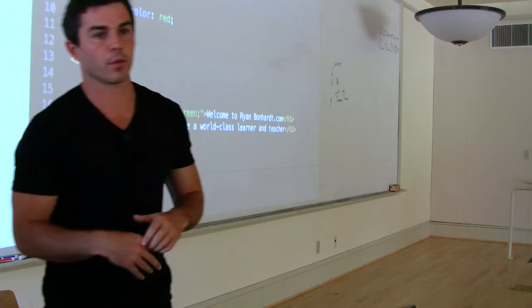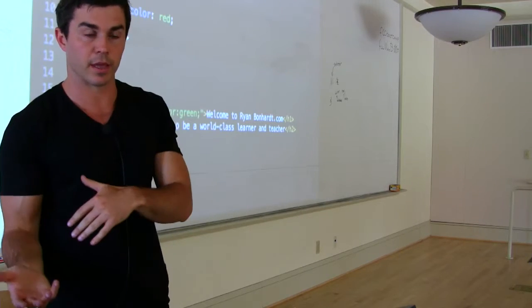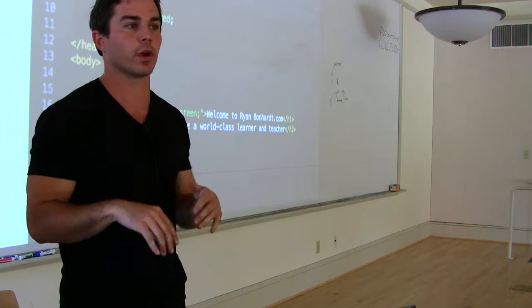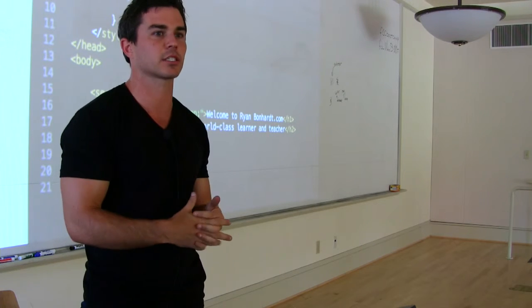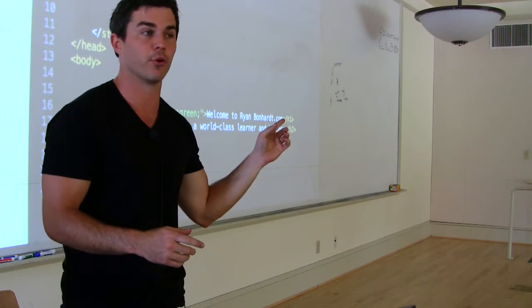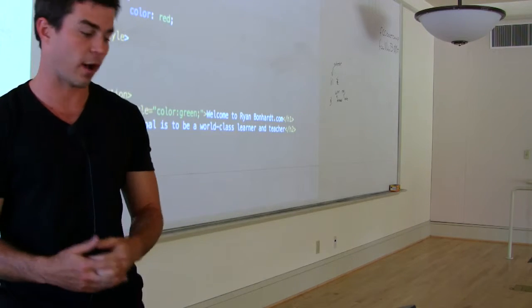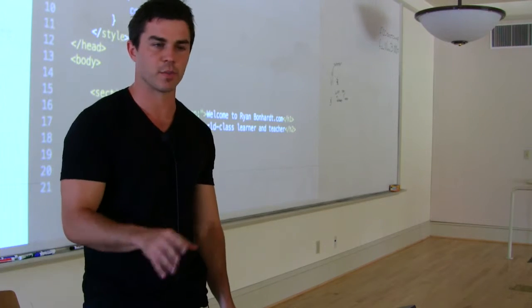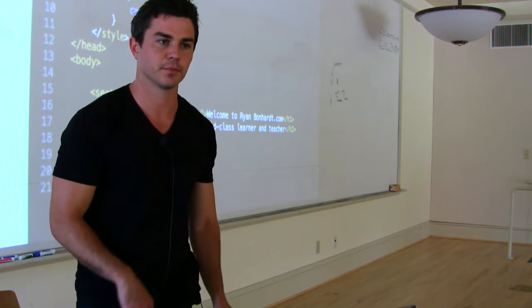Well, then we have to copy all that CSS and put it in the other page, and as files start adding up, whenever you want to make a change, maybe you're like, oh, I actually want to style all my H1s as green now, you have to go back through every file and change that. Whereas if you have your CSS in its own file, then you just make one change and it goes throughout the whole site.